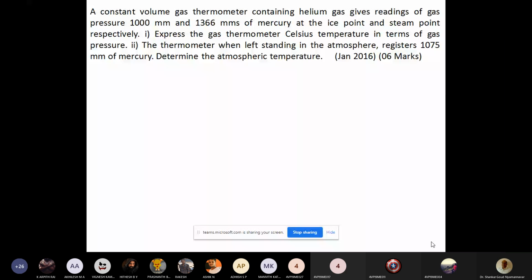Express the gas thermometer Celsius temperature in terms of gas pressure. The thermometer, when left standing in the atmosphere, registers 1075 millimeters of mercury. Determine the atmospheric temperature. Is it clear to you how to solve this problem?